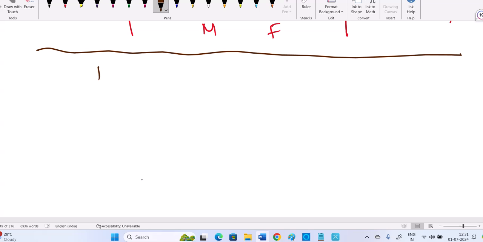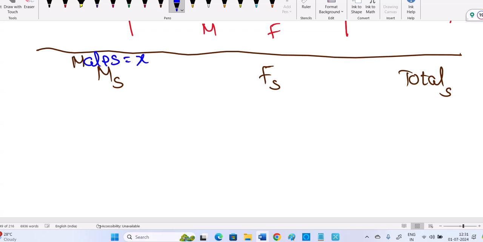How do you get male salary, female salary and total salary? Let us say number of males is X. Number of females is Y. Then what will be the total strength? Total will be X plus Y.